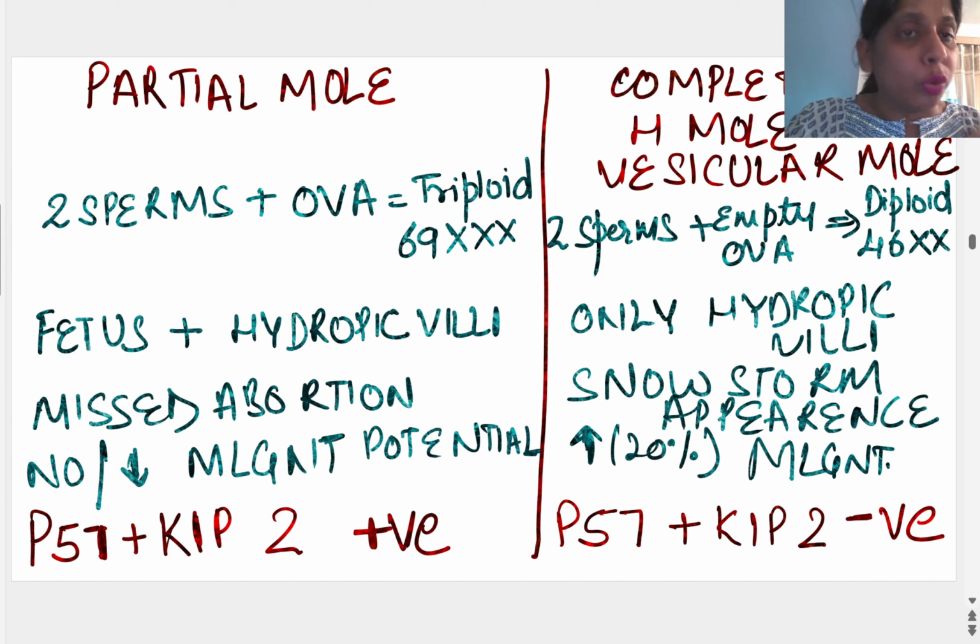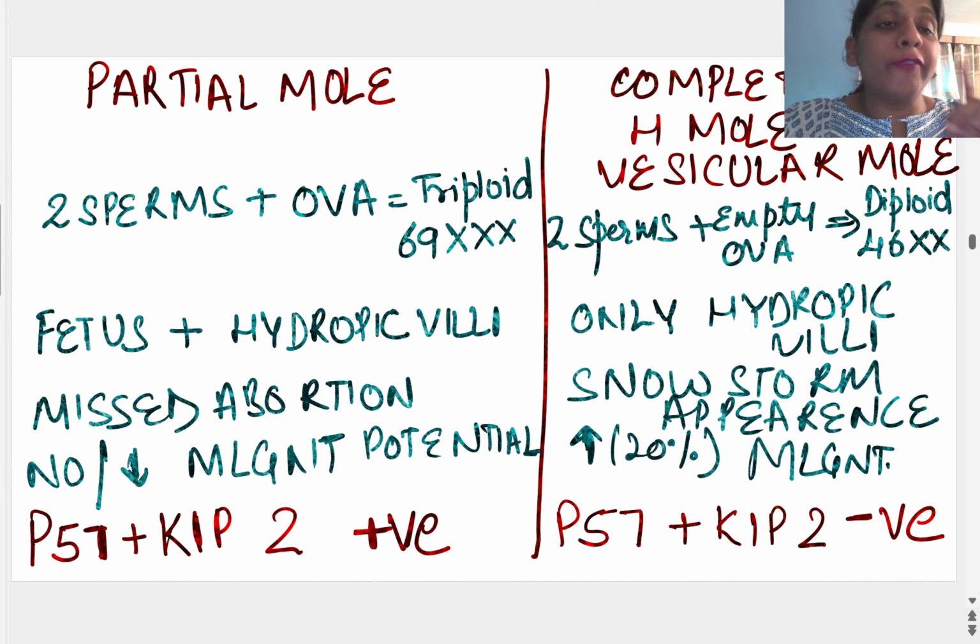In the complete mole, only hydropic villi are formed. Because a fetus is there, always dead, and abnormal hydropic villi are there, it mimics a missed abortion. Partial mole looks like missed abortion, and complete mole ultrasound picture is snowstorm appearance. Partial mole has very low malignant potential, whereas complete mole has very high malignant potential.